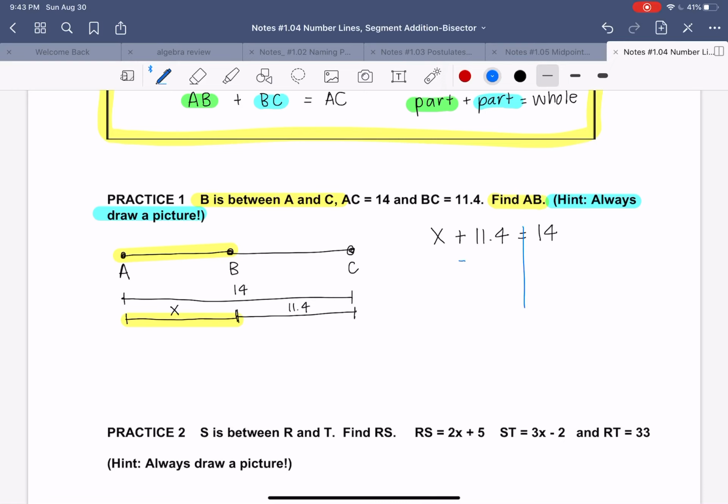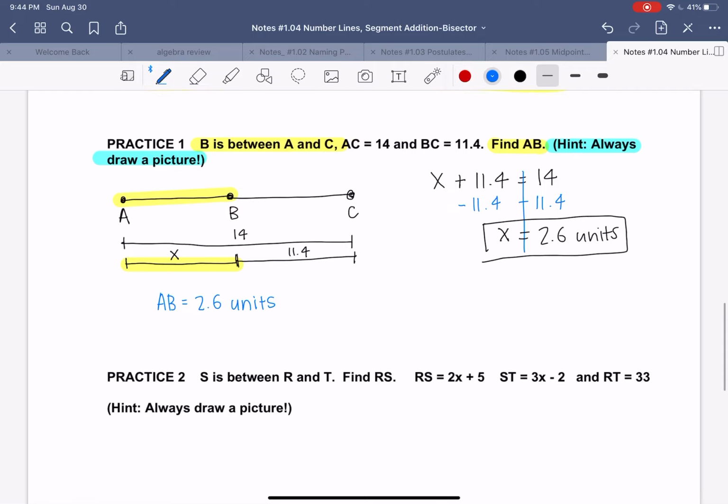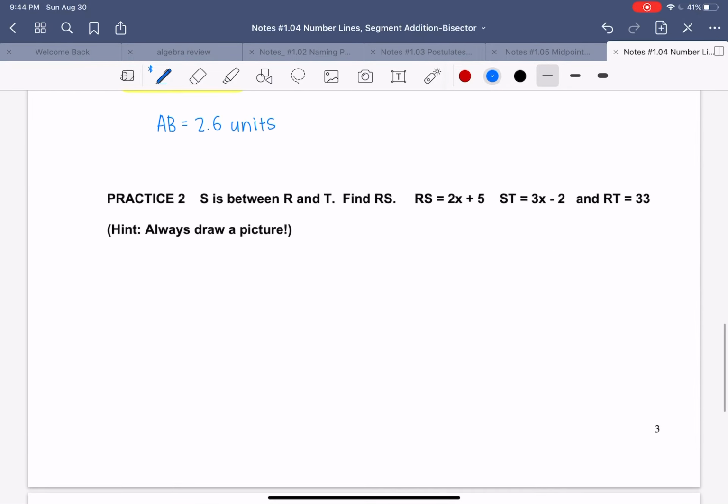I'm going to subtract 11.4. And I should get X equals 2.6 units. Okay, so that means because X equals 2.6 units, that AB is 2.6 units.